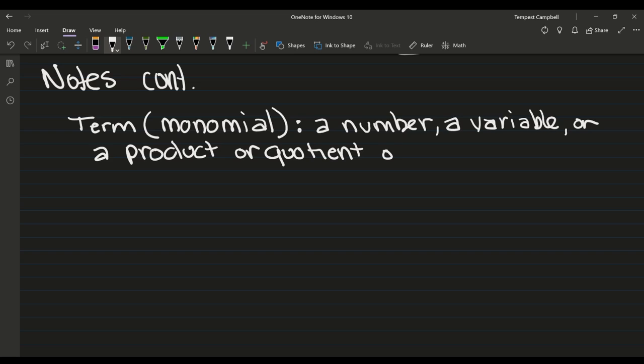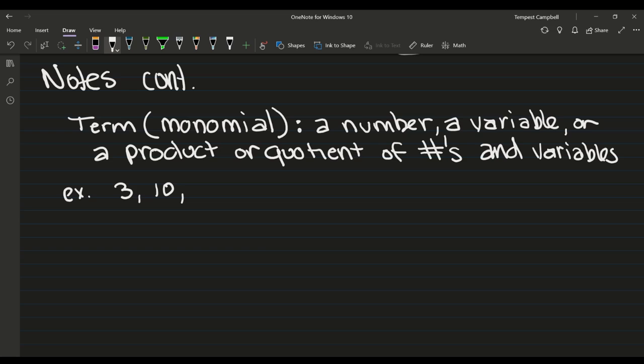So quotient of numbers and variables. So a couple examples would be like a number, so 3, we could also do 10, different numbers, we could do variables, x, y. We could also do different variations of that, so 3x, that's a term. In a monomial, we could do x over 3, we could do zy, we could also do x over z. So all of those are terms, all of those are monomials.